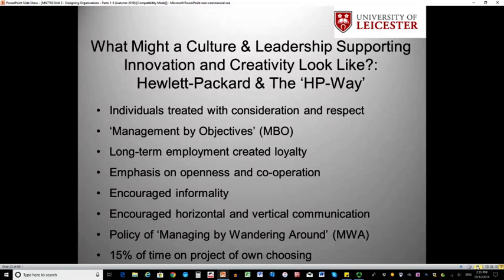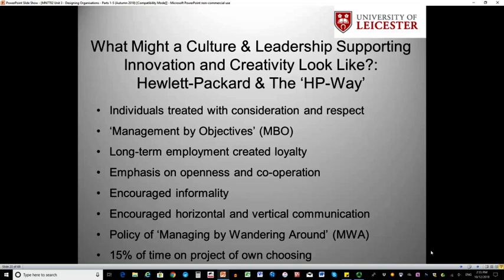Just a few things to cover before we finish this part. If you want to look at particular examples, if I take my experience from Hewlett-Packard, what might a culture and leadership that supports creativity and innovation actually look like? If I think about Hewlett-Packard when I was there, they had something called the HP Way, and it had a series of characteristics which were very, very explicit and were communicated to us.